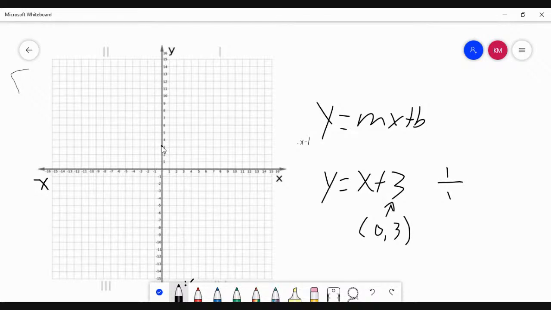And either I can go up 1, right 1, which will put me at 1, comma 4, or I can go down 1, left 1, which will put me at -1 and 2.